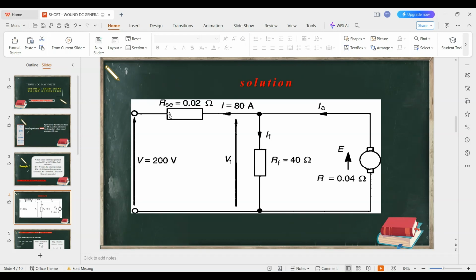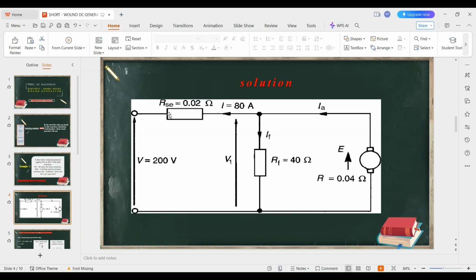Using Kirchhoff's current law, we know that current flowing into a junction is equal to the sum of the currents leaving the junction. Let me just illustrate very fast using our diagram above. This is our diagram here. We have said that current through the armature is entering the junction, and current IF, that is the field current, is flowing away from the junction.